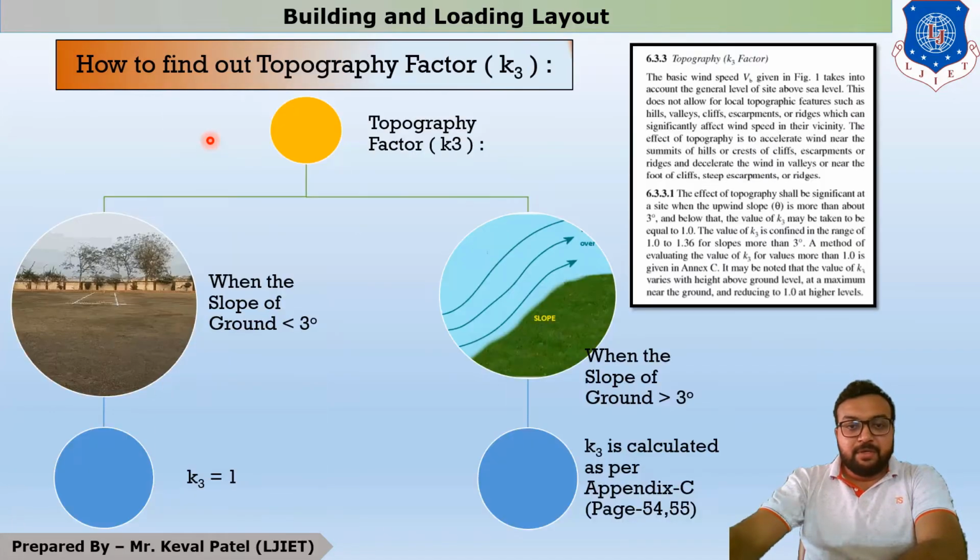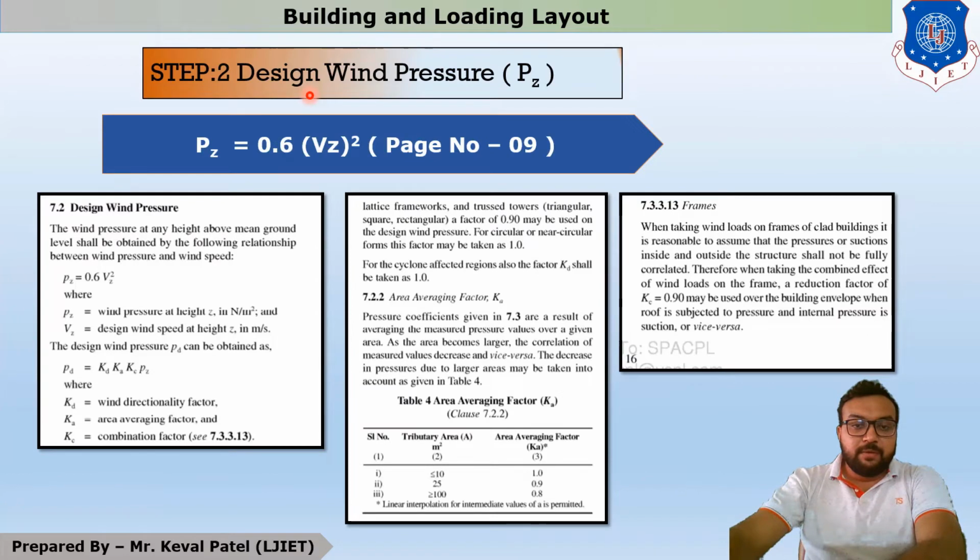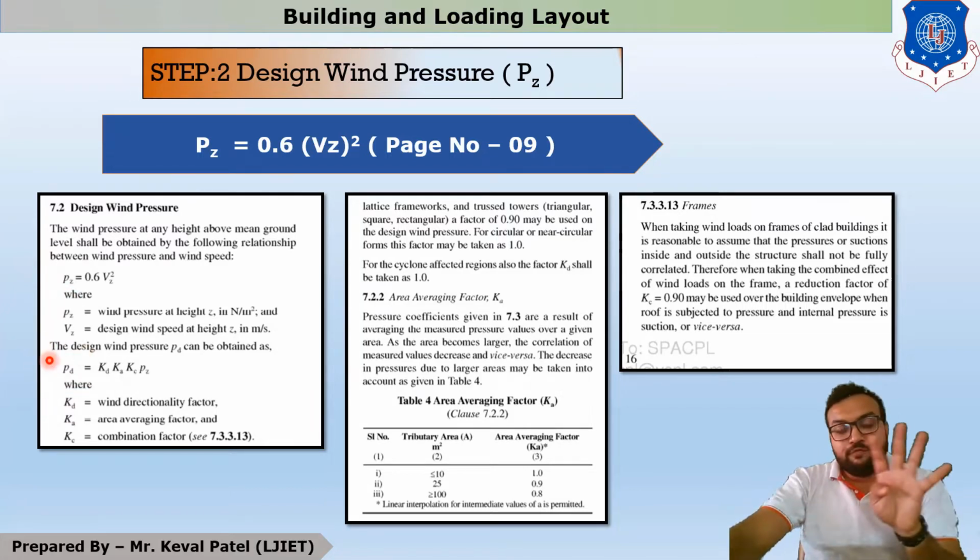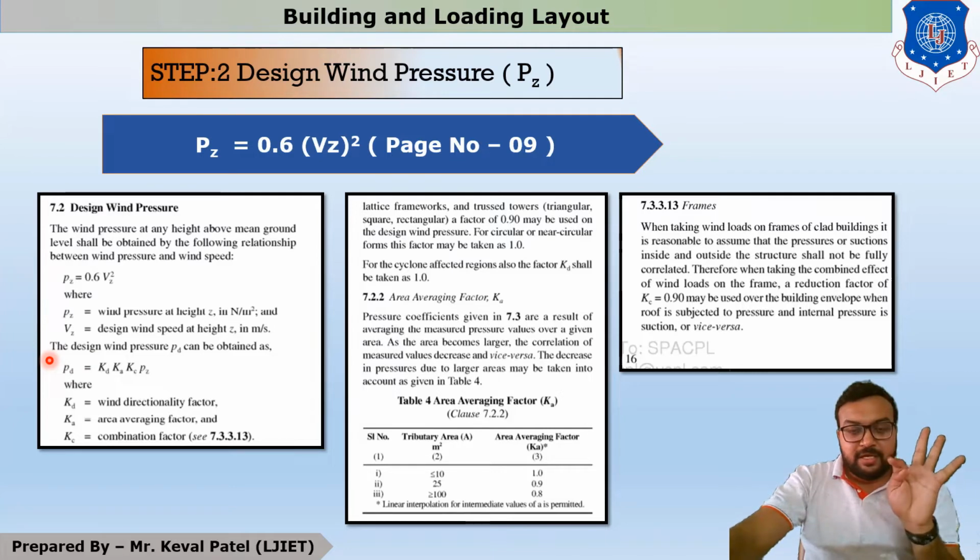Now our step number 2 is design wind pressure. There are two equations to find design wind pressure, and design wind pressure is denoted by PD. Whenever you have to find PD, there are four unknowns: KD, KA, KC, and PZ. First of all, we have to find PZ.